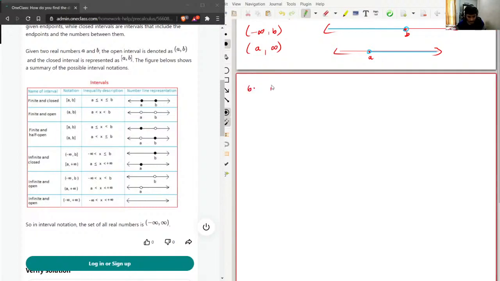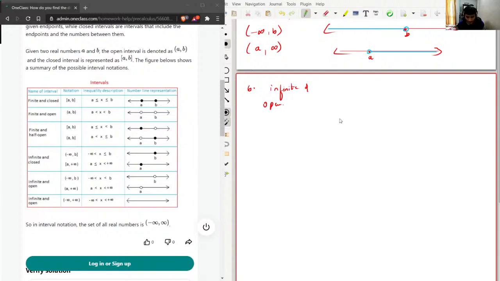Sixth one is infinite and open. In the last case, or in the previous two cases, they should have written infinite and closed finite, and infinite and open finite, because we have two infinite and open cases, which can clash with each other.